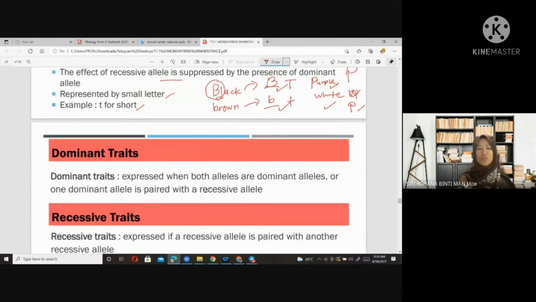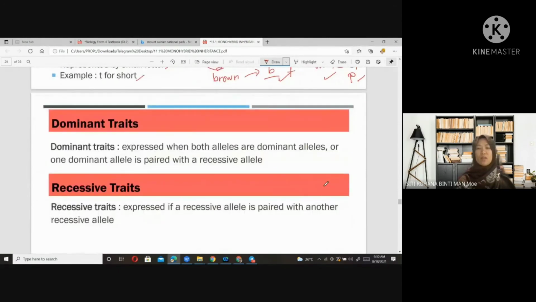Nampak ni, dominant trait expressed when both alleles are dominant alleles, okay, or one dominant allele is paired with a recessive allele. Dominant trait. Okay, ciri yang dominant ditunjukkan bila dua-dua allele tu adalah dominant atau salah satu tu dominant.